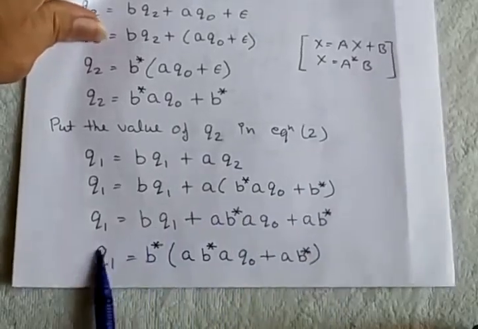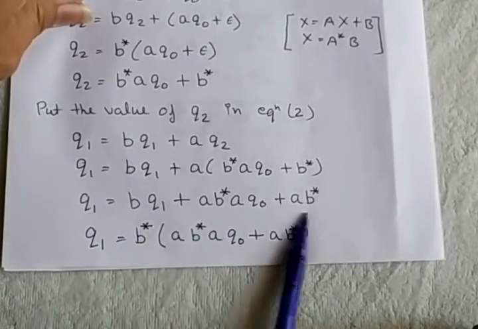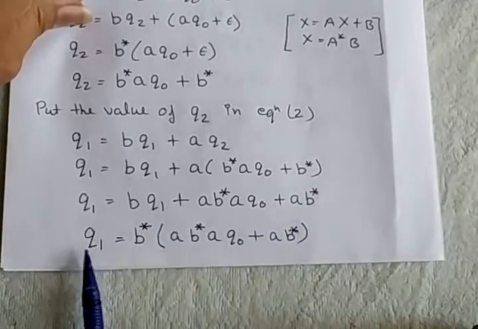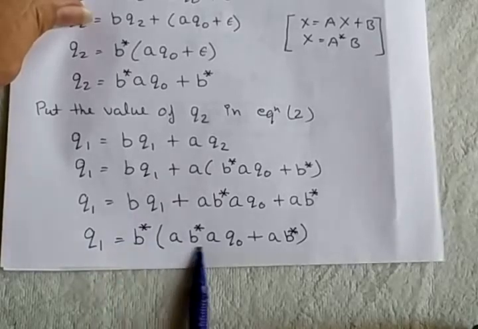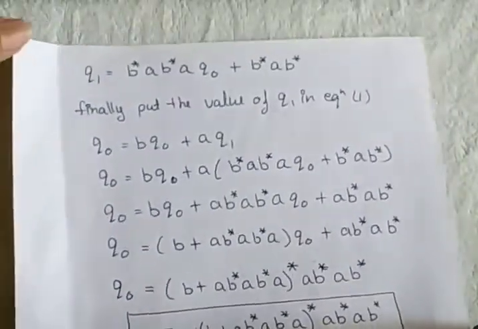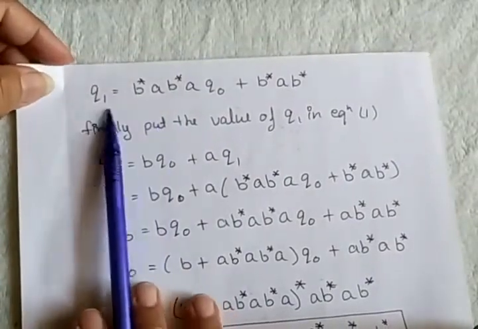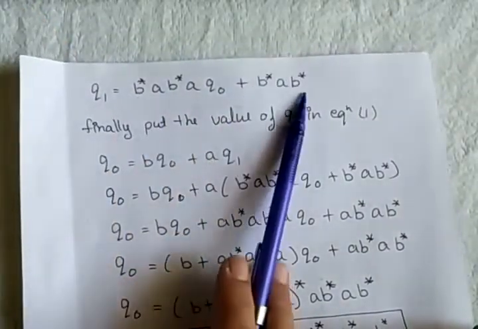Again, this is in the form of x is equal to AX plus B. Then the solution will be Q1 is equal to B star and this. Now open the brackets. After opening the brackets, the value of Q1 will be like this.